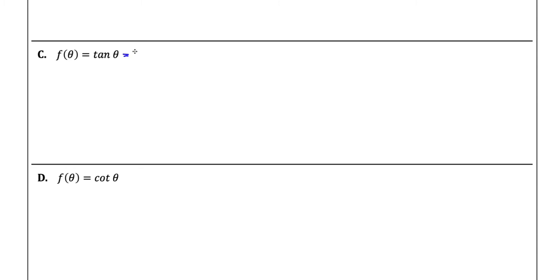So I'm going to write tangent as sine of theta over cosine theta. Basically, changing it into a fraction with sines and cosines allows you to do quotient rule.